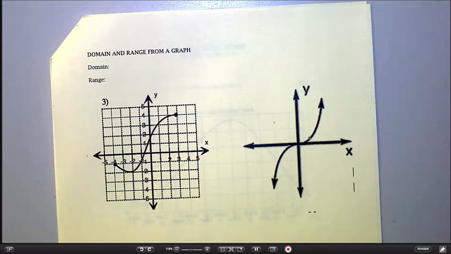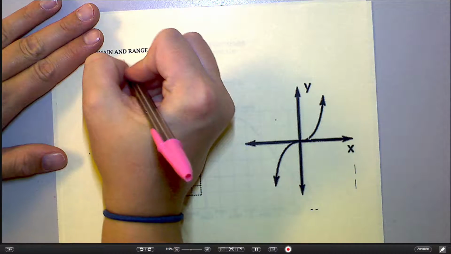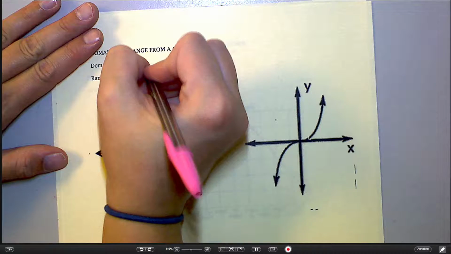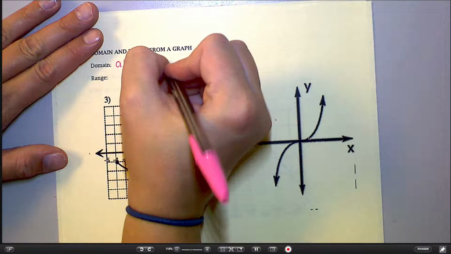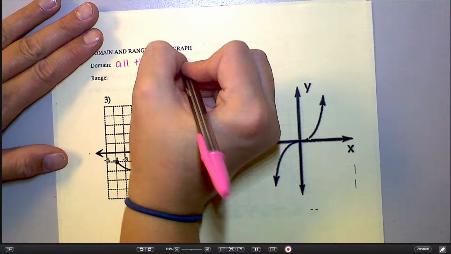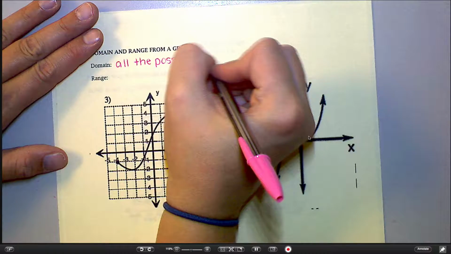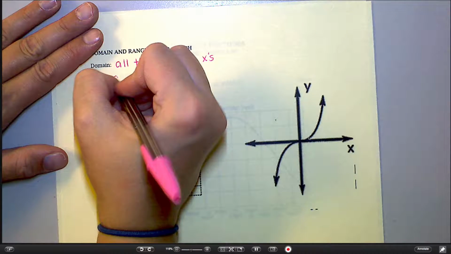What's domain again? It's the first set. So on a graph it would be all the possible x's, which means the range is all the possible y's. Good.